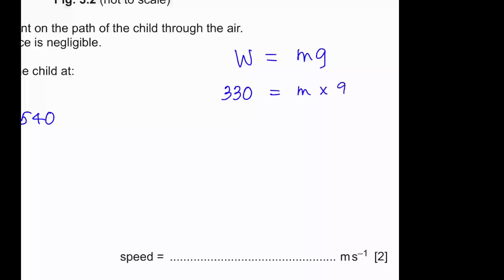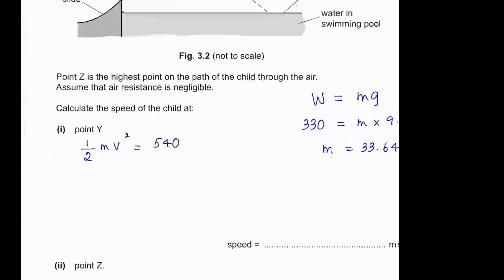M into g, 9.81. So m equals 330 divided by 9.81. That's 33.64, or 33.6 kilograms. That is the mass.